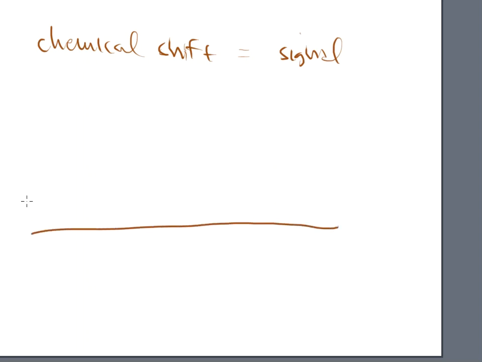And the first one is something called a chemical shift. So a chemical shift is really what we are referring to as the signal. Okay, that is the line that we're going to be seeing on the NMR. So let's say that we have an NMR. I'm not going to pick it apart, not quite yet, but let's say that we have a 0 mark here at 0 ppm.